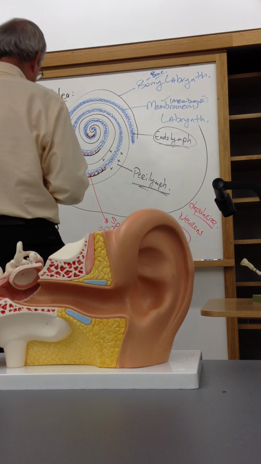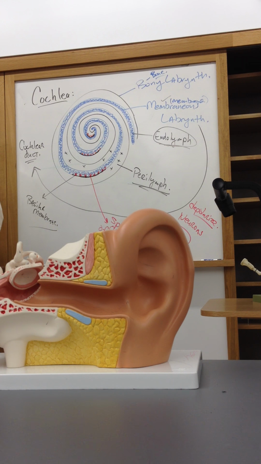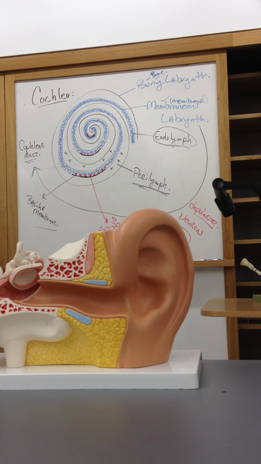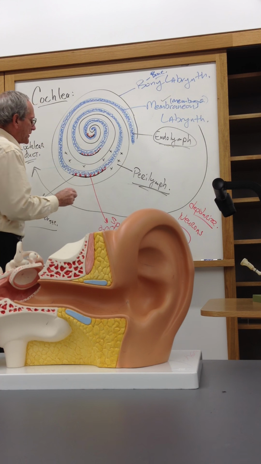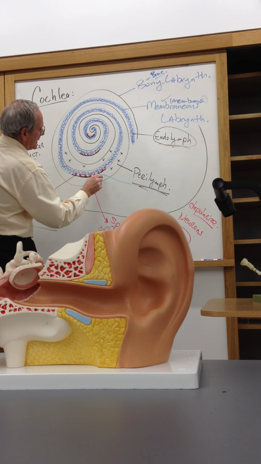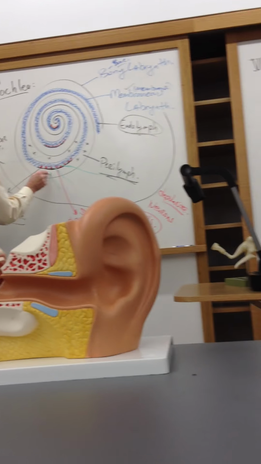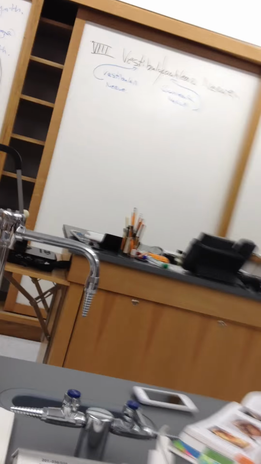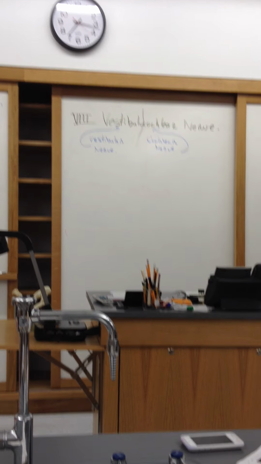So what we see here is that in the cochlea, the nerve endings of the cochlear nerve come in and lie in very close proximity to these spiral organs of Corti. And on the spiral organs of Corti, of course, are the hair cells.